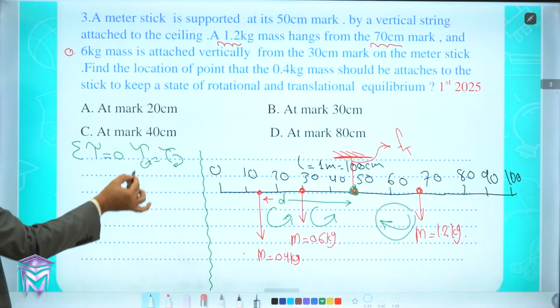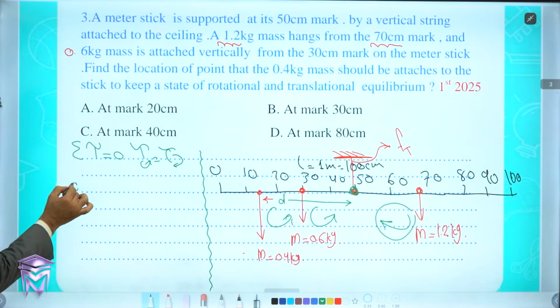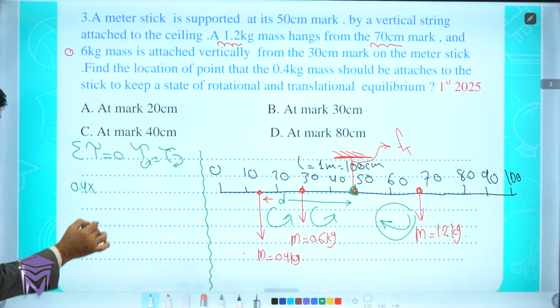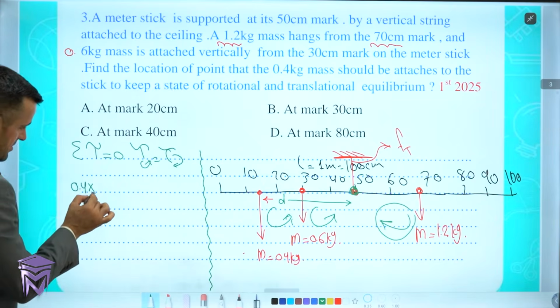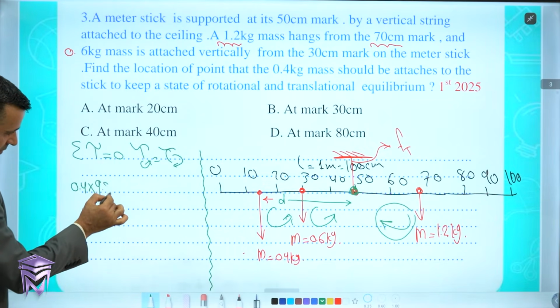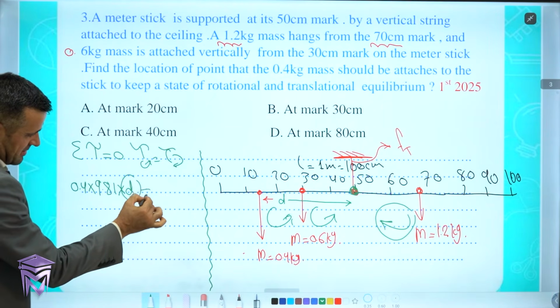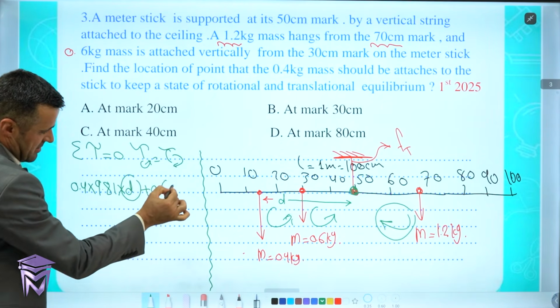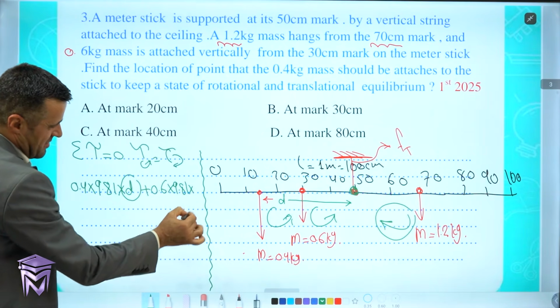Under counterclockwise, you can write 0.4 times 9.81, because we have to convert to weight, times D, this unknown, plus 0.6 times 9.81 times what?